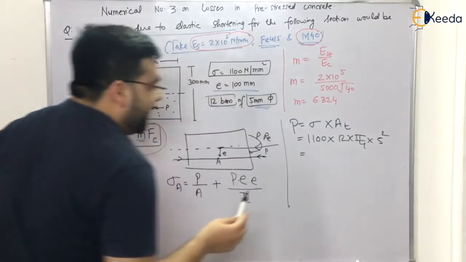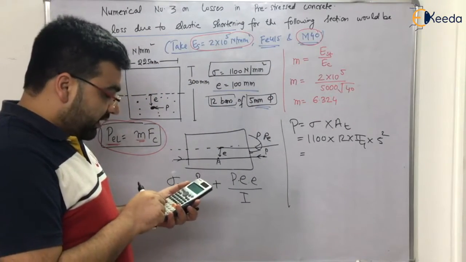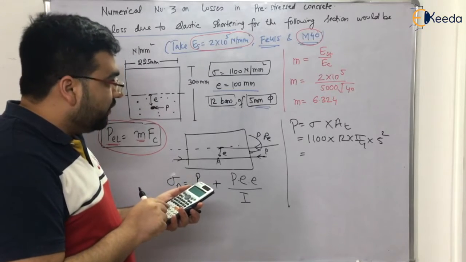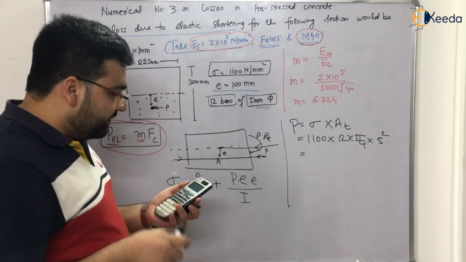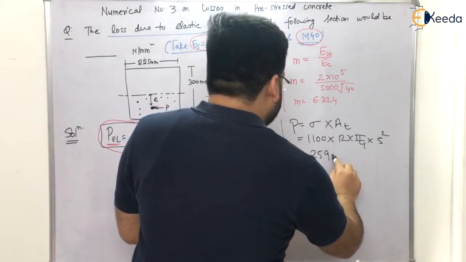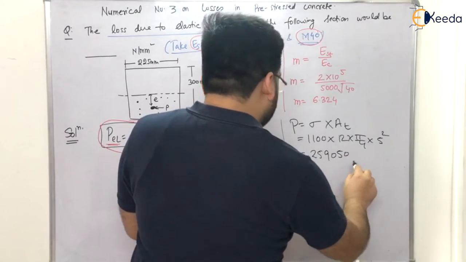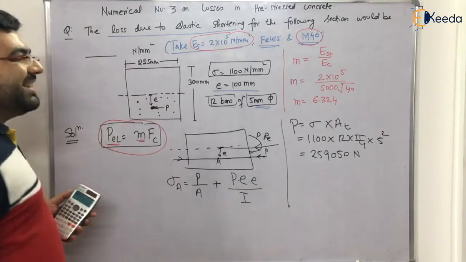This will be the load in tendons in Newton. It comes out to be 1100 into 12 into 3.14 into 25 divided by 4, which is 259050 Newton. This is the load on the tendons.